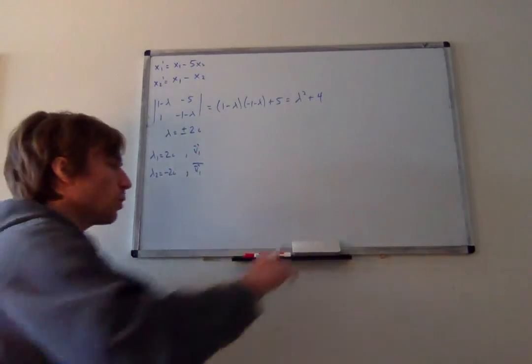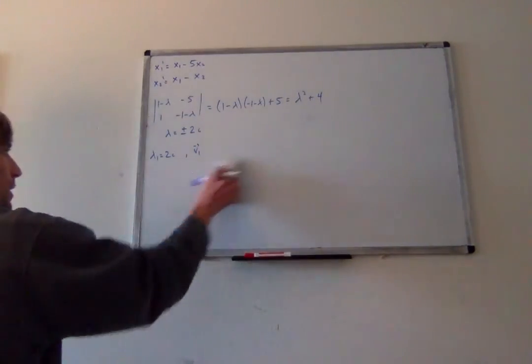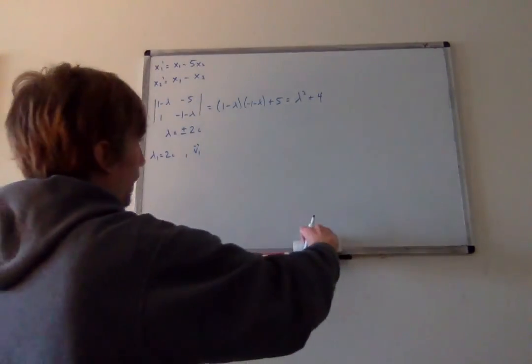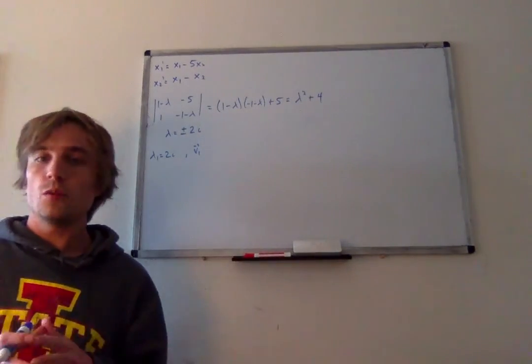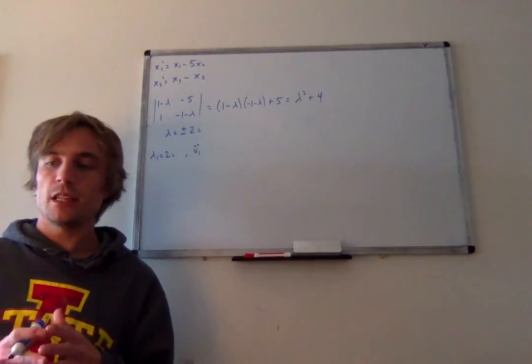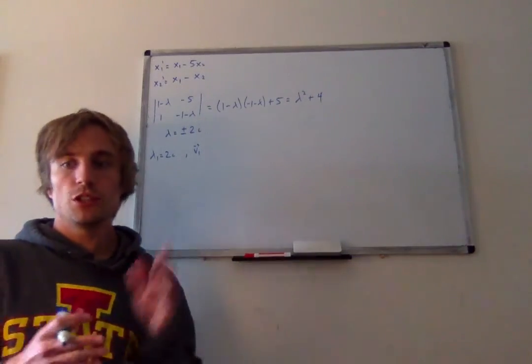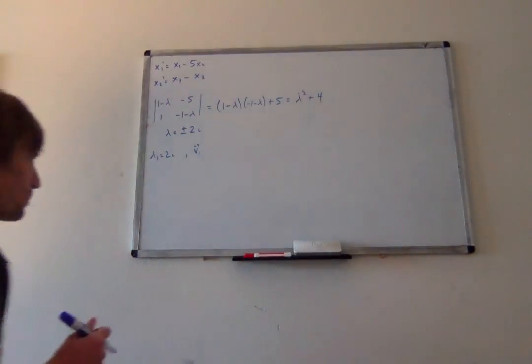For this, we'll only need one of these two eigenvalues. So we'll work with 2i, and one of these eigenvectors, v1, and we'll be able to calculate the remainder of the solution with just these two things.